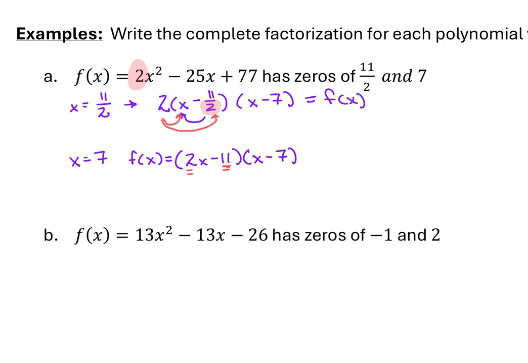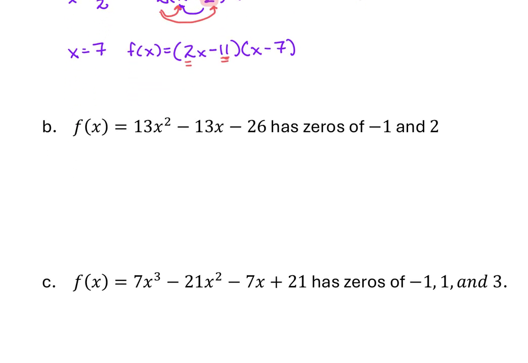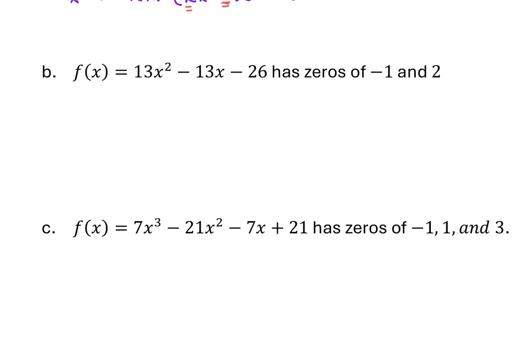All right, let's look at a couple more. Let's come to example B. Example B, we have zeros of -1 and 2. If we write this in factored form, x equals -1 becomes the factor of x plus 1. And x equals 2 becomes a factor of x minus 2.